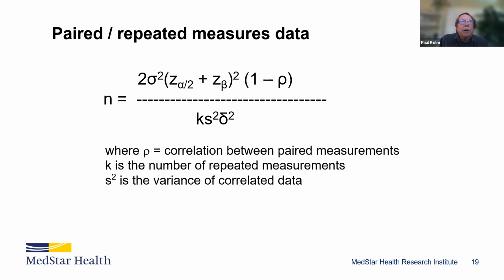So if it's just a paired t-test, that would just be 2. The S squared is the variance of the correlated data. And then the delta, again, is our effect that we want to be able to demonstrate. So it's the same kind of idea here, but we need a few additional parameters to calculate.